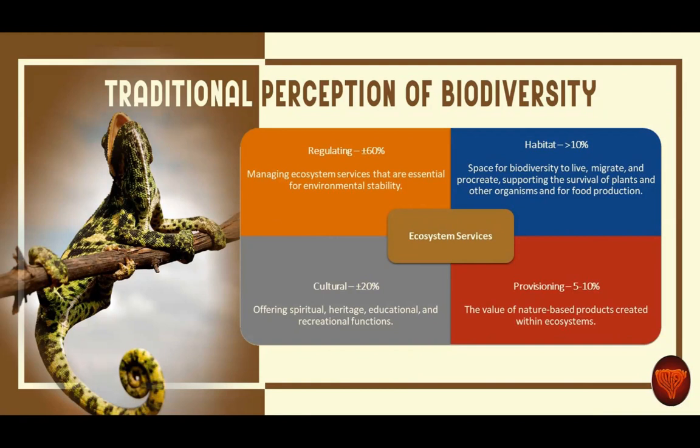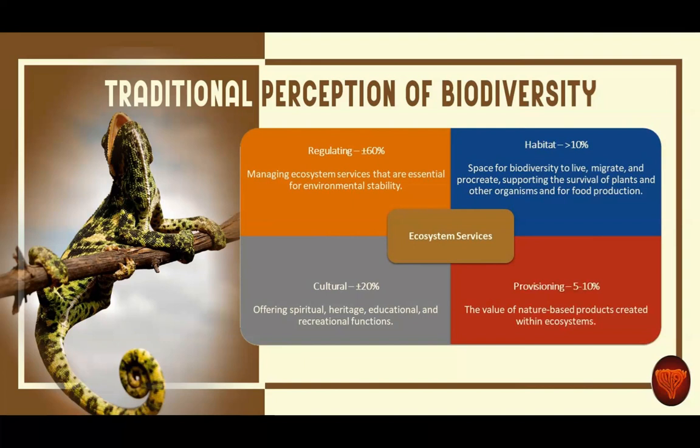Instead, let's start off by considering what we would traditionally focus on when thinking of biodiversity's contribution to humanity. We would typically assign an ecosystem service attribute to biodiversity. This is due to the fact that biodiversity is a significant ecosystem service provider with 4 core services.